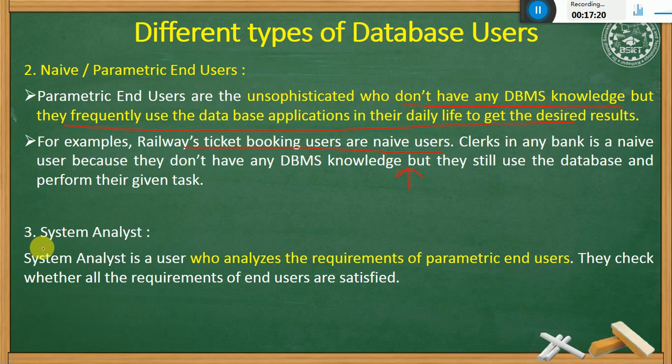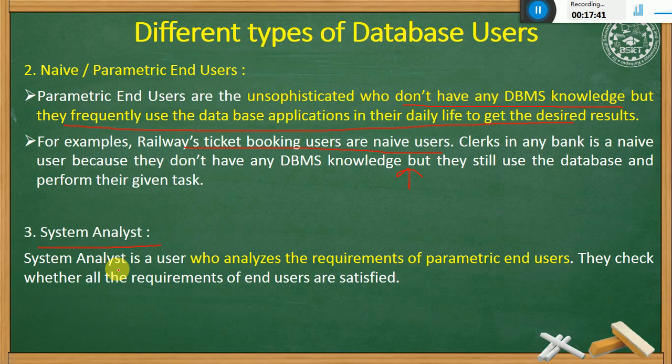Third, the system analyst. A system analyst is a technical user. He knows the basics of DBMS and he checks the basic requirements of the system to make 100% use of the database management system.